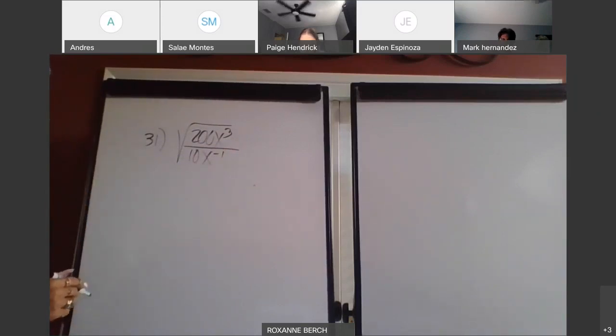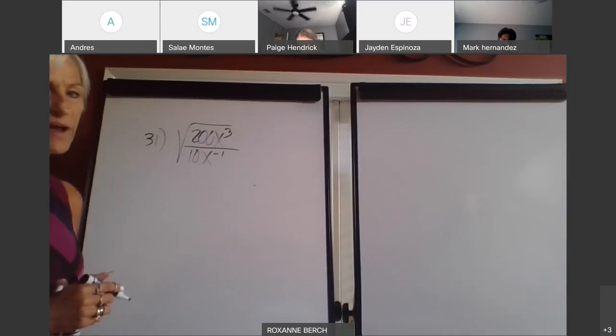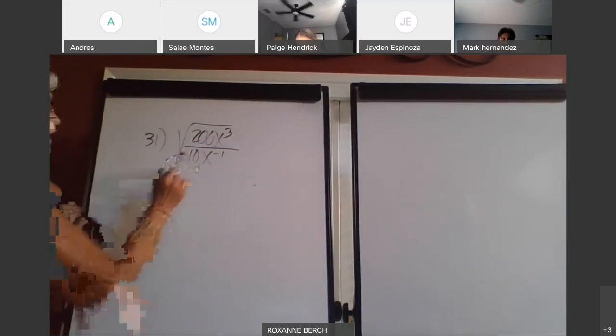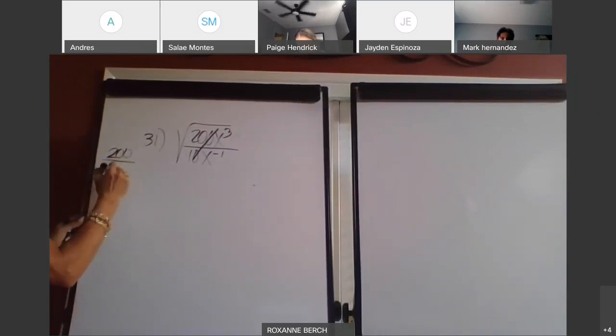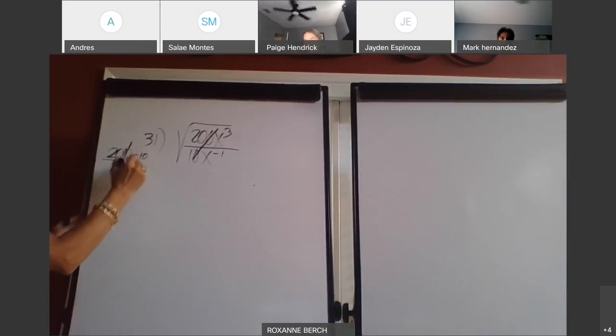What you want to notice is you can simplify this right away. We always want to simplify whenever possible. These trailing zeros always cancel. It's like dividing by 10 on the top and the bottom.